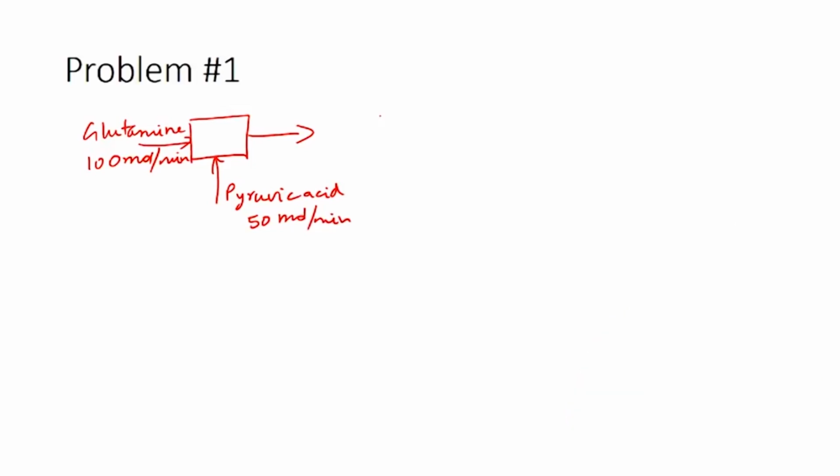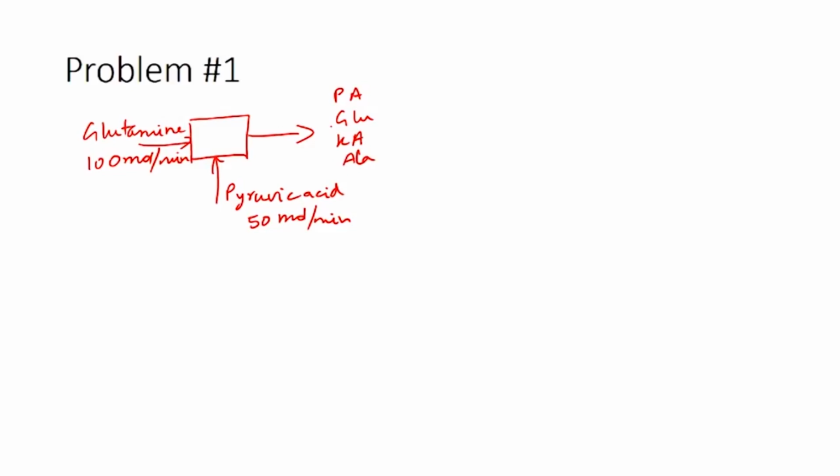You have an exit stream which would contain unreacted pyruvic acid, unreacted glutamine, the products ketoglutamic acid and alanine. So, this would be your product stream.